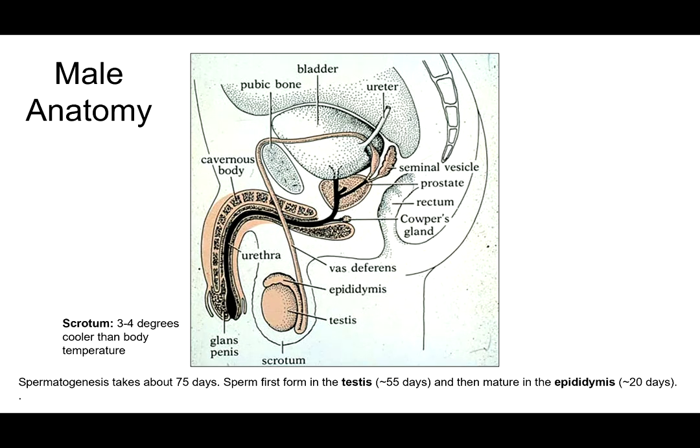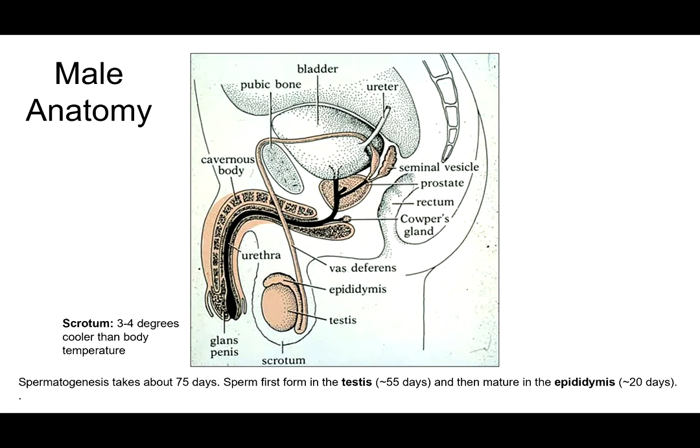Spermatogenesis, the process of making sperm, takes about 75 days. The sperm first form in the testis, either of the testes. They stay there for about 55 days, and then they move into the epididymis where they mature, and that maturation process takes about 20 days.